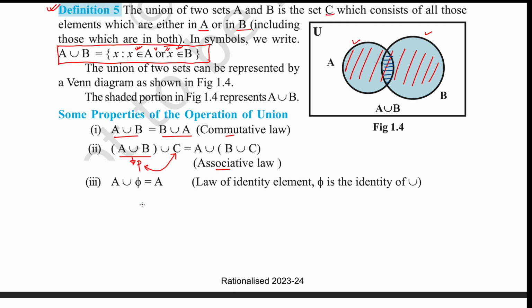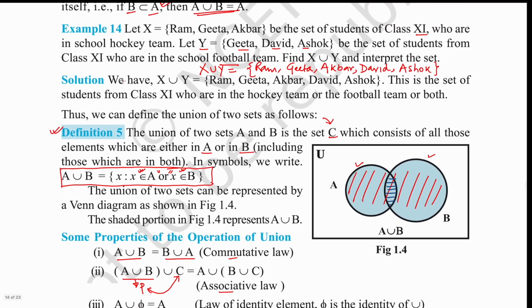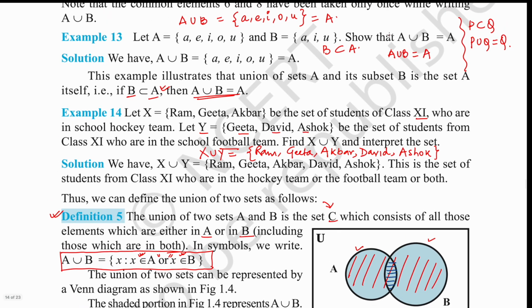The third one is called law of identity. That means if you take union of any set with an empty set, you'll get the set A itself. And precisely so, because we know that phi is nothing but a subset of set A. And in the previous statement here, we clearly understood that if P was a subset of Q, then P union Q was nothing but the set Q itself.